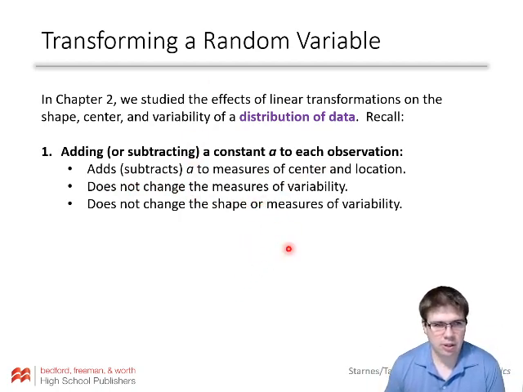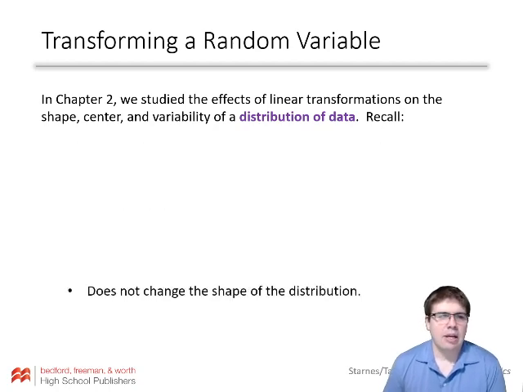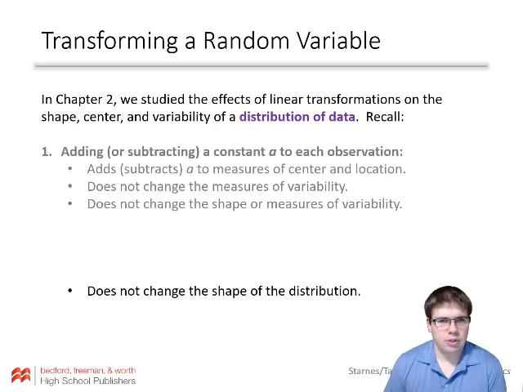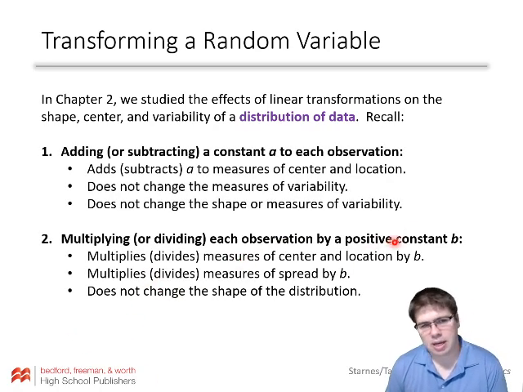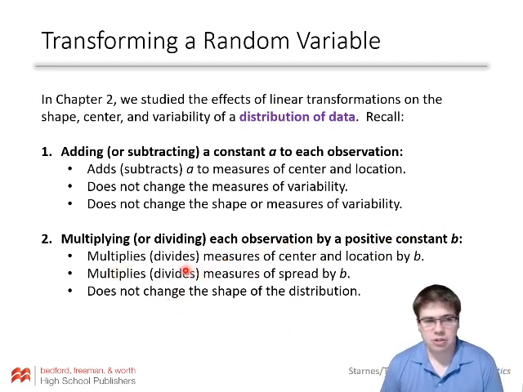That was another important piece I don't mention as much: it doesn't change the shape, in addition to the measure of variability. Multiplying or dividing each observation by a positive constant does affect the measure of center.